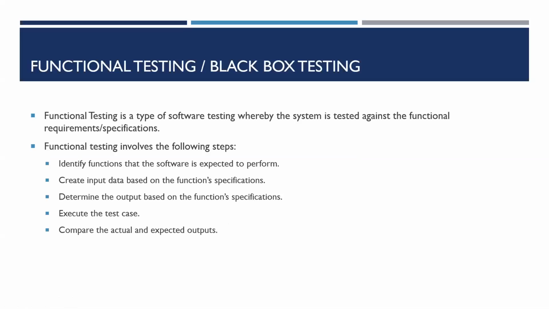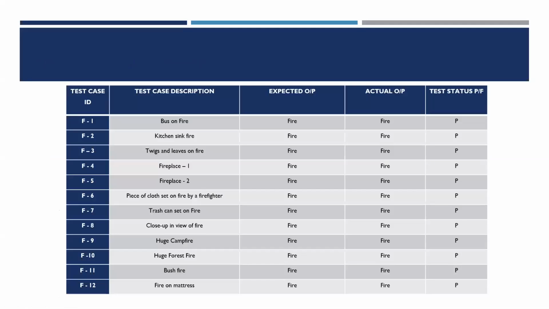Okay, functional black box testing is next. In functional black box testing, we basically test the input and output. We have used 12 videos, and the model was able to predict fire in all 12 of them.